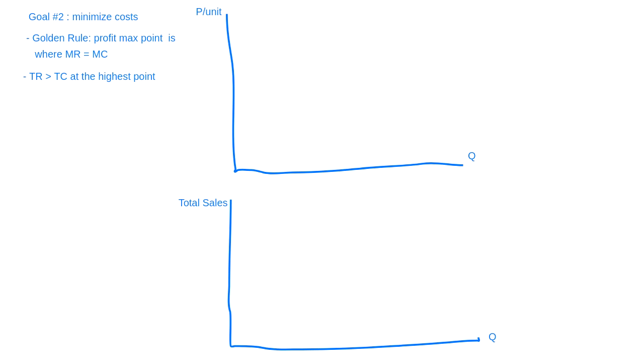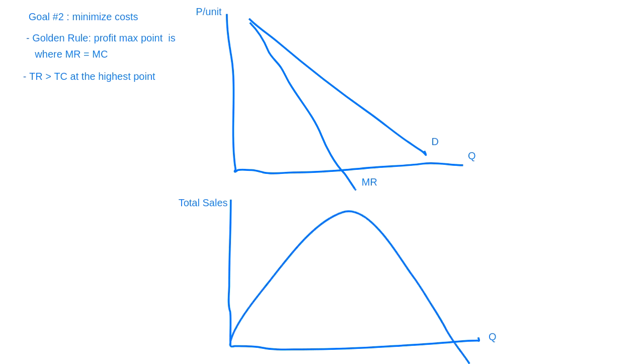I always have to adjust it. So let's go with our demand curve first. And then marginal revenue. And then down here, let's do total revenue. This one's already looking better, isn't it?